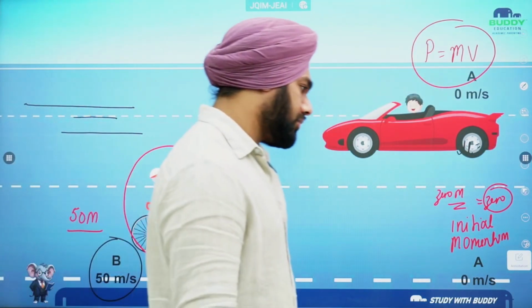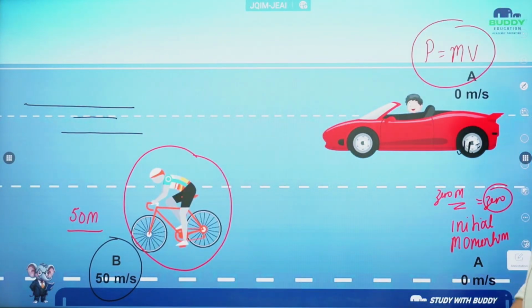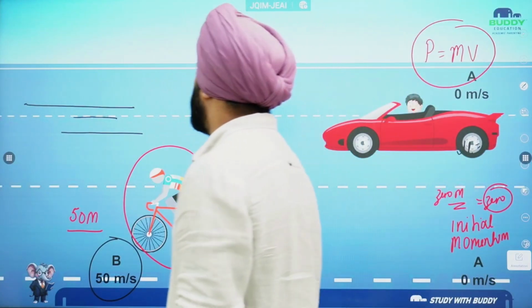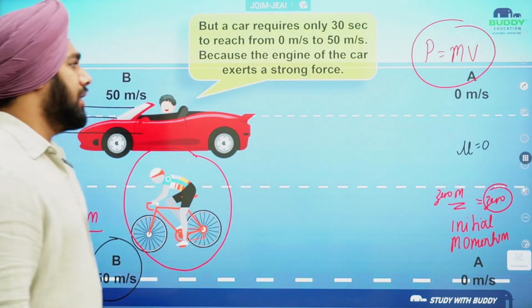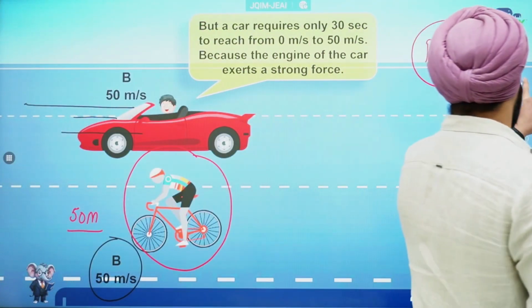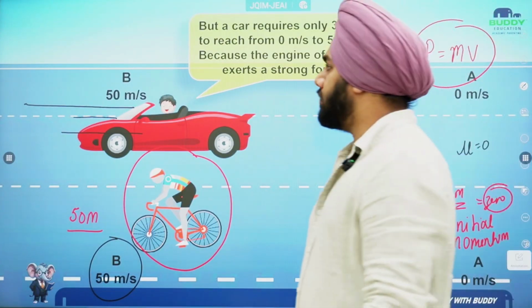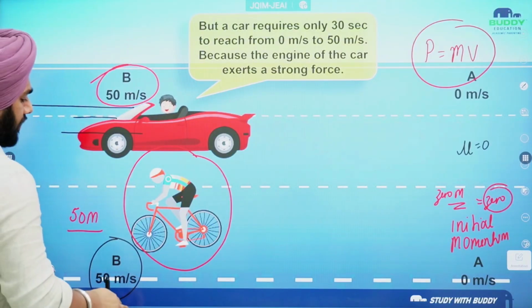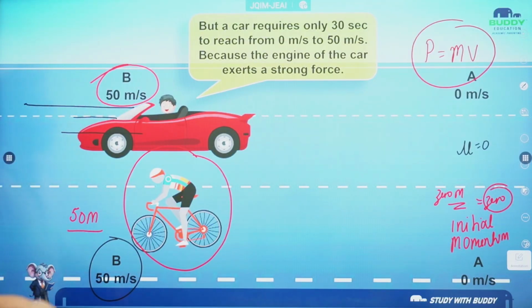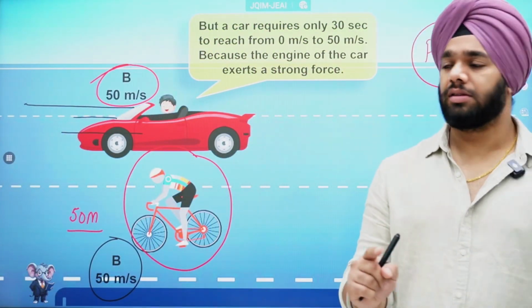Now let's take another example. We have a boy driving a car. At point B, it requires more force. Why? Because the mass is more. If I talk about the same velocity, the cyclist needs 50 meter per second and the car also needs 50 meter per second. But there is a major difference.